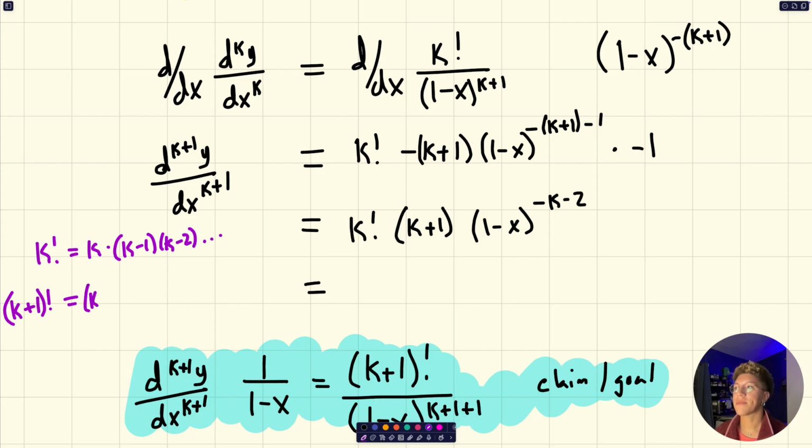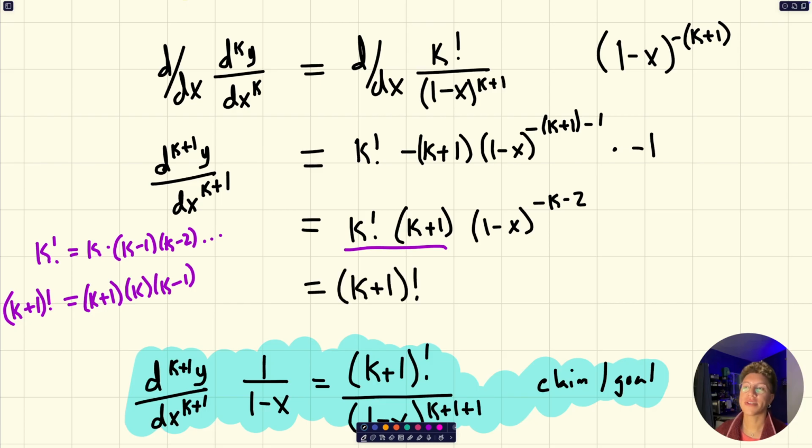So now we have a k plus 1 out front, like that. And so you can probably see where this is going. If we have k factorial times k plus 1, that's going to change into k plus 1 factorial. So we get k plus 1 factorial up front, which is a good sign. And we can see that in our goal right there.